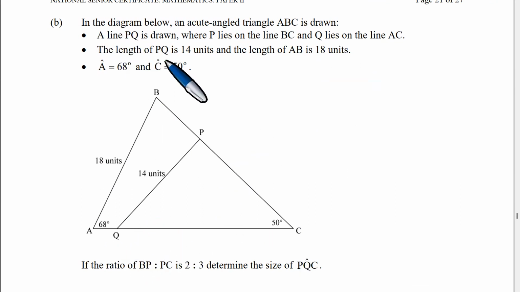The length of PQ is 14 units and the length of AB is 18 units. Angle A is 68 degrees, here it is 68 degrees. Angle C is 50 degrees. If the ratio of BP to PC is 2:3, determine the size of PQC.